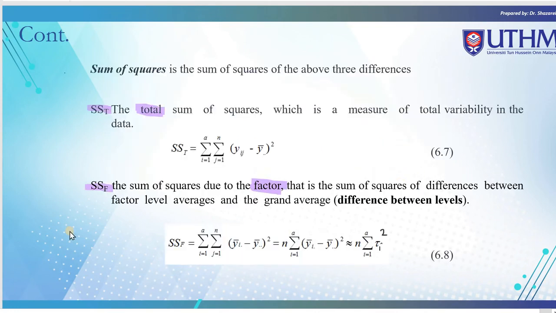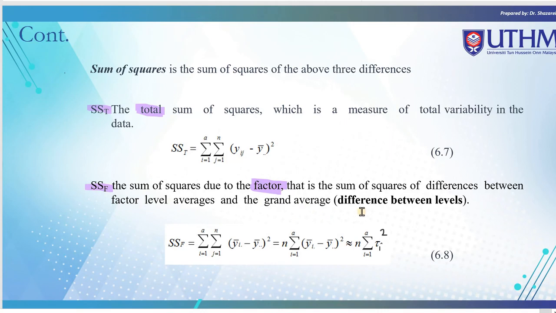The sum of squares total is the measure of total variability in the data, because we measure each observation against the grand average. So this is the summation of the total error. And then we have the sum of squares of the factor, that is the sum of squared differences between the factor level averages and the grand average, which is the overall average.